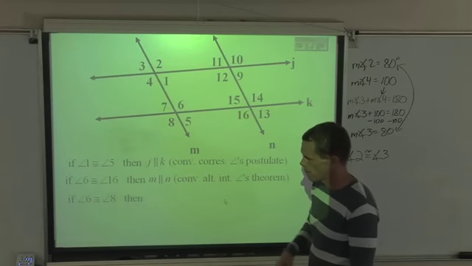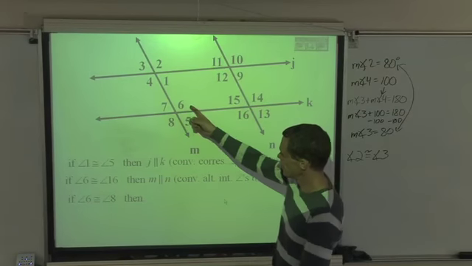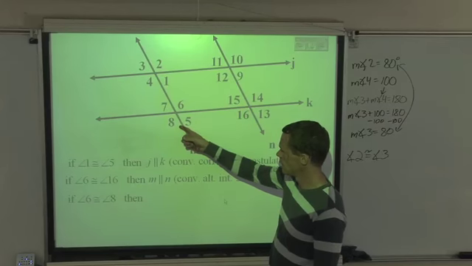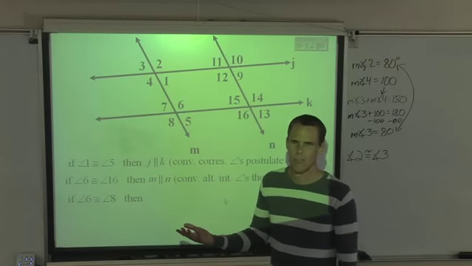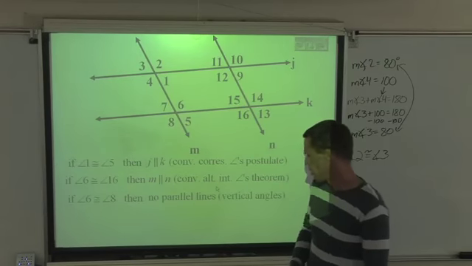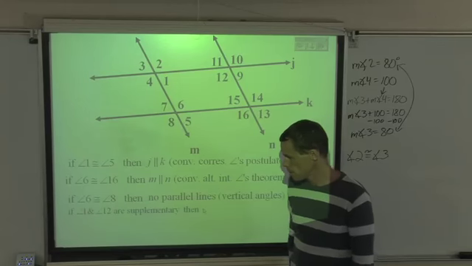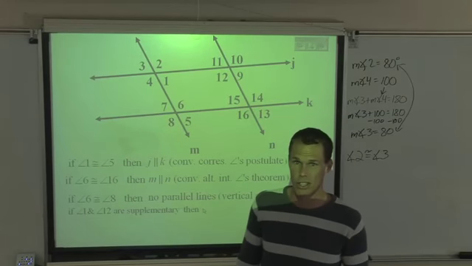Let's try another one. What about angle 6 is congruent to angle 8? Well, those are vertical angles. Vertical angles don't create parallel lines. Okay, no parallel lines. These were vertical angles. How about if 1 and 12 are supplementary?